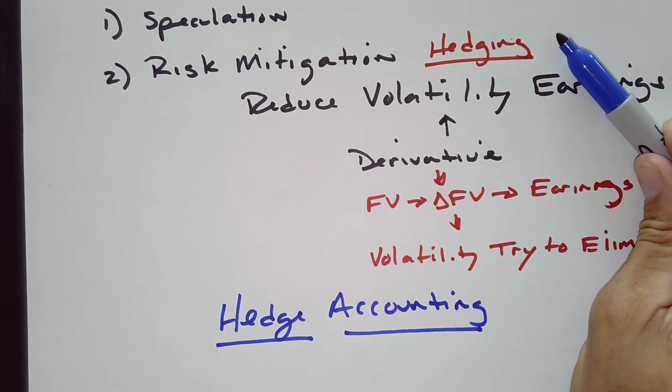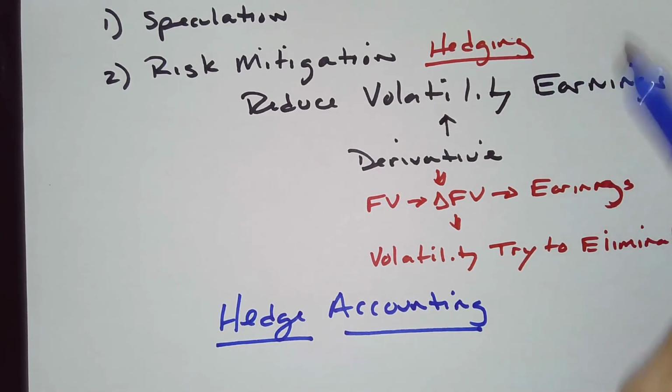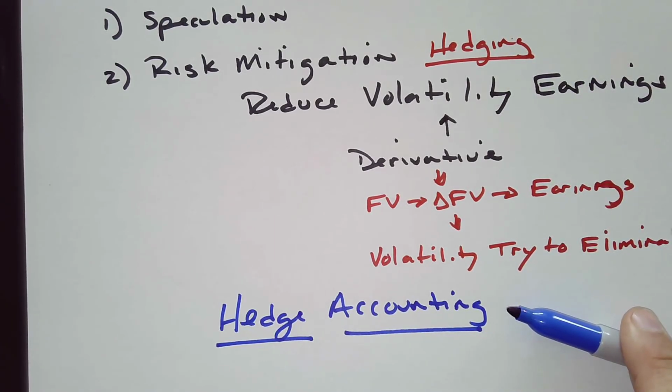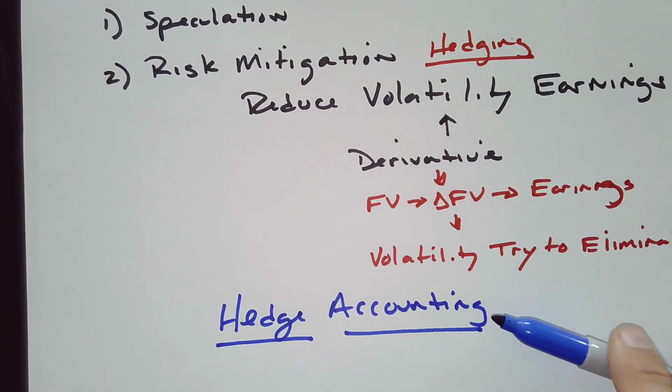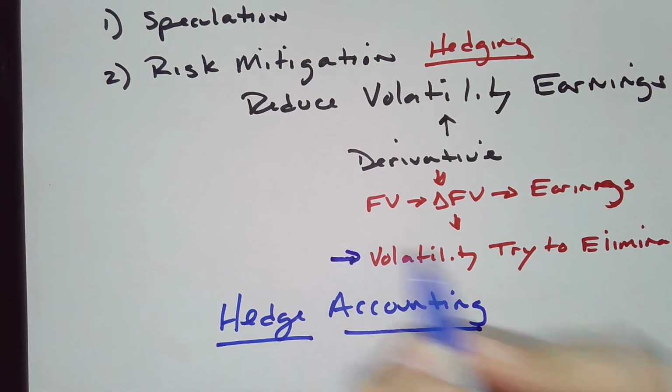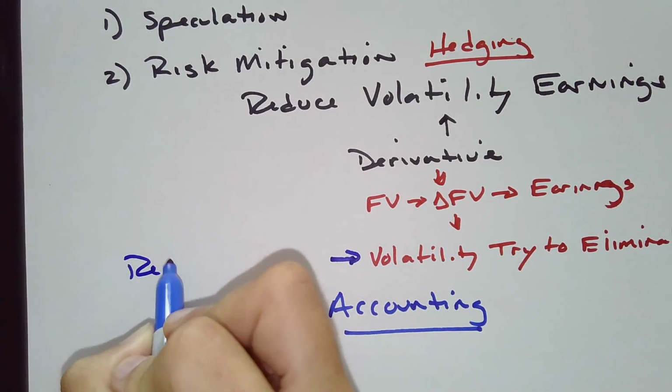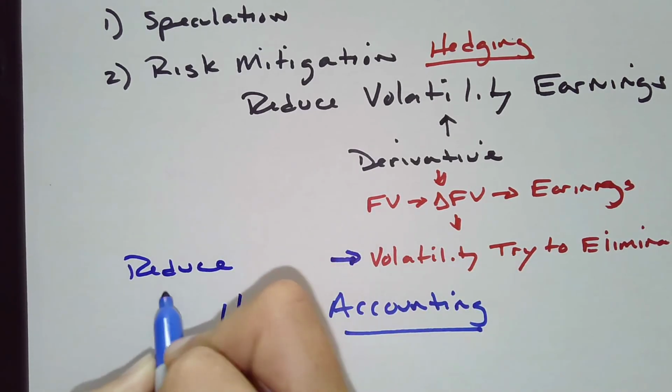So hedging is different than hedge accounting. If you qualify for hedge accounting, it does reduce the volatility due to the derivative accounting.